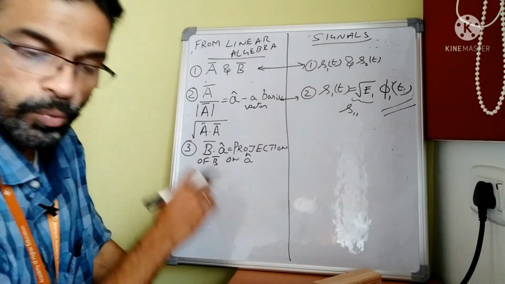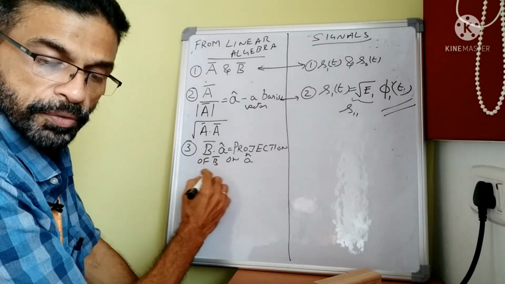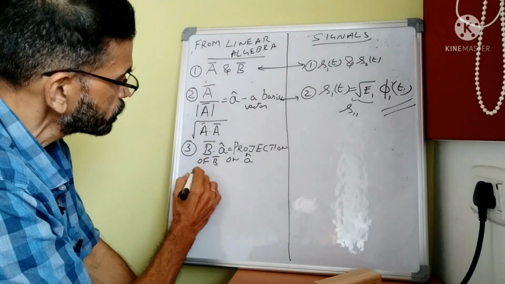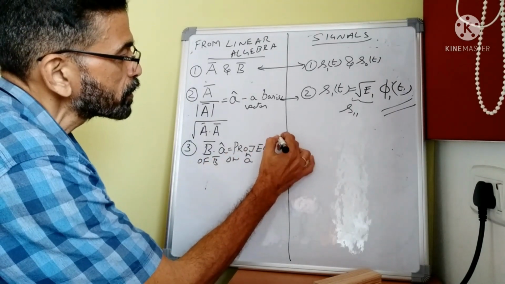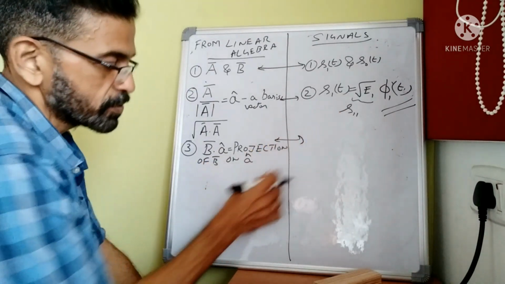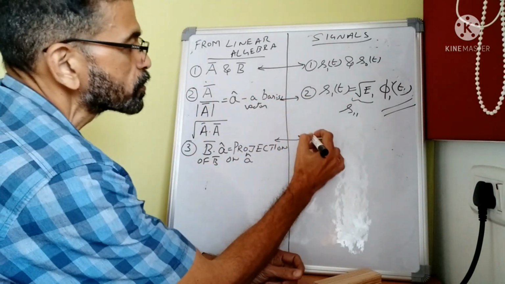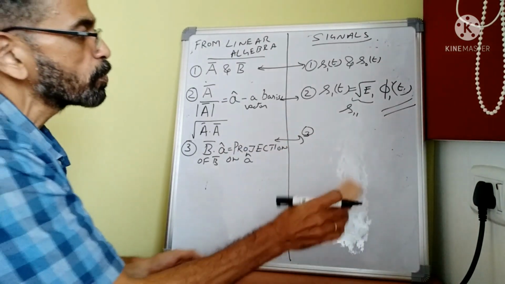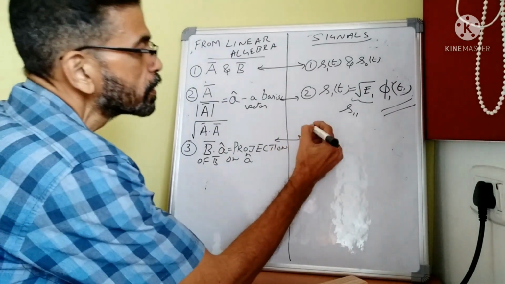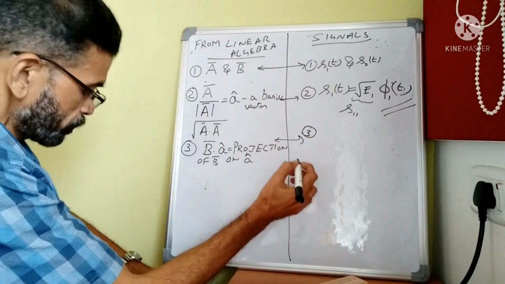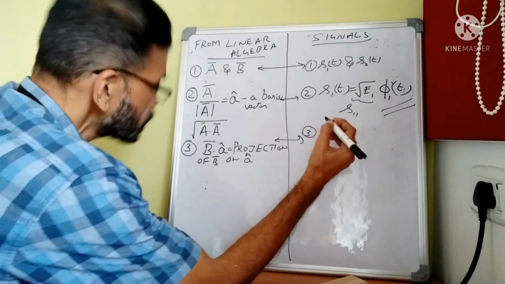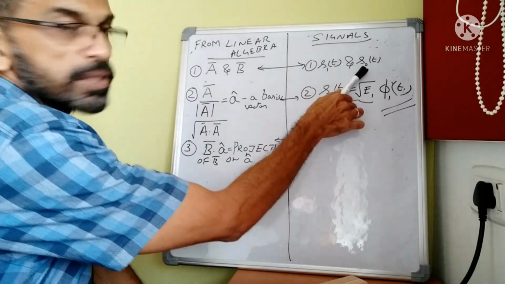Before we go to the next step, let us write the corresponding step here. The step corresponding to the third step will be: B is this signal.